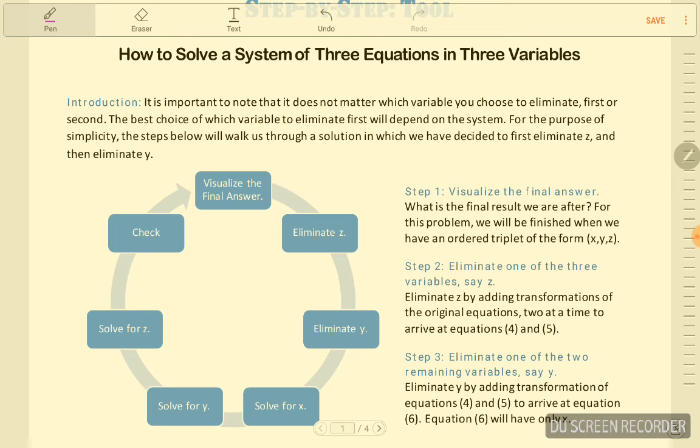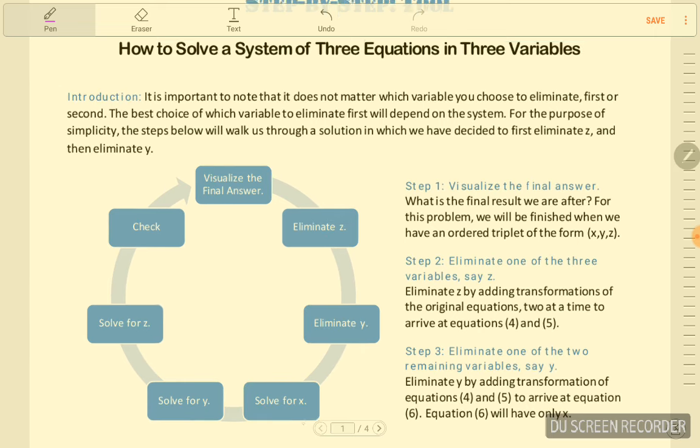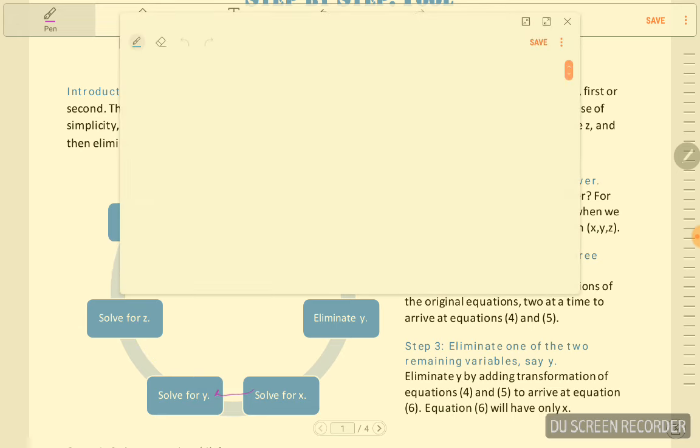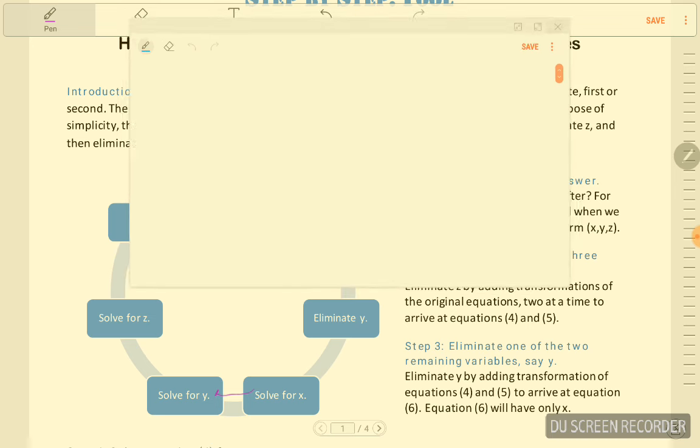But honestly, in the end, as long as your work is clean and correct and well organized, you will get to the correct answer no matter which variable you choose first. And I did it like, let's get rid of z, then y, then we'll have x, and then once we have x, we'll go and use it to find y, and then use it to find z, and we end up all the way back at the beginning. So I think that's a really good way for a beginner to learn the process.